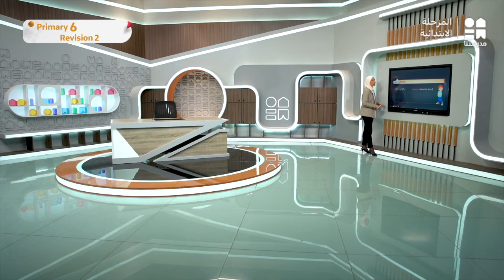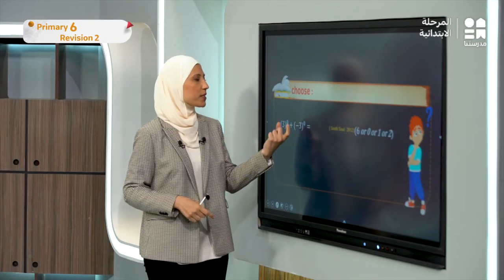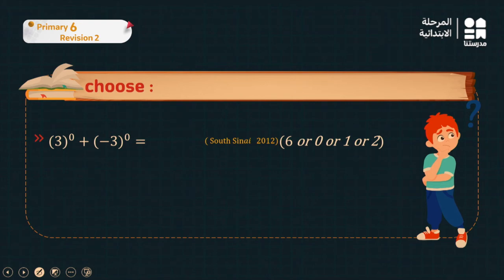Here he wants you to choose. Here I have 3 to the power of 0 plus negative 3 to the power of 0. We explained before in this session that any number to the power of 0 equals 1. So it will be 1 plus 1, supposed to be equal to 2.